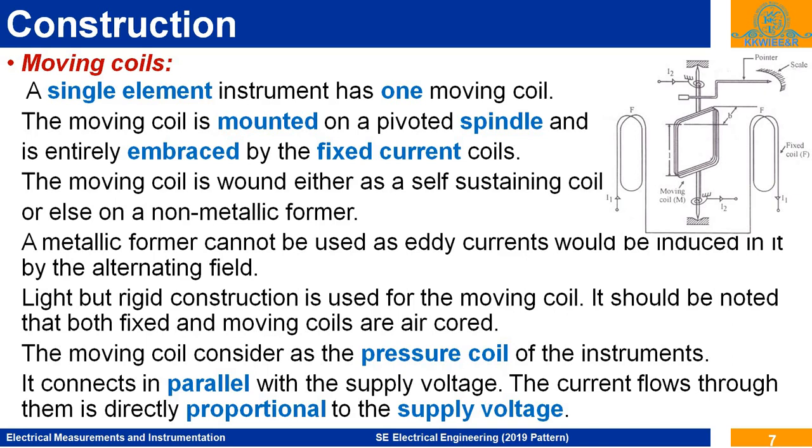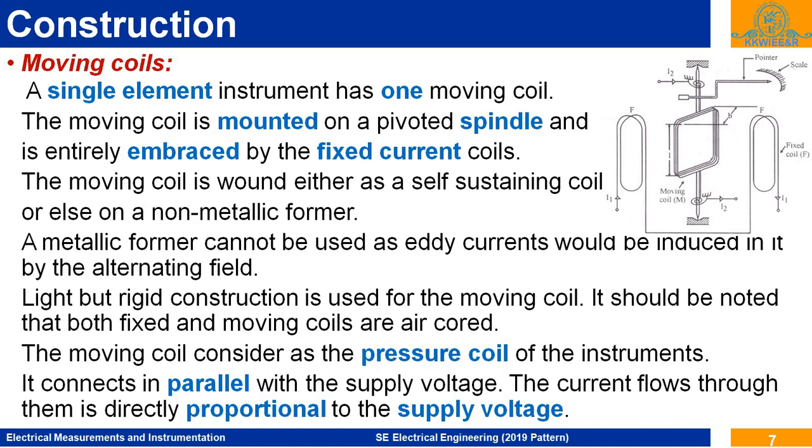So this moving coil is used to measure the voltage across the load. Because for measurement of voltage, the current flowing through this coil is proportional to the voltage, and by using a resistance we are limiting the current. We are using the limited current flowing through this coil.